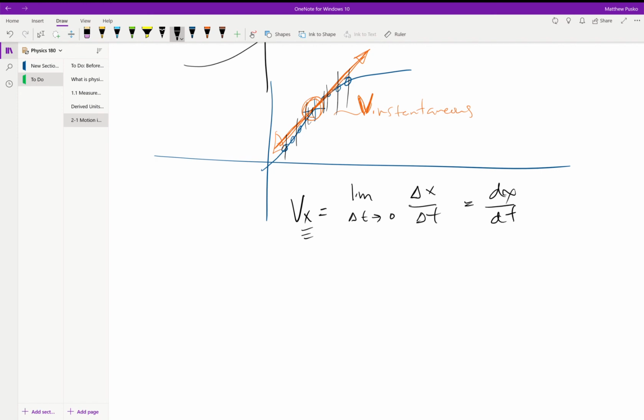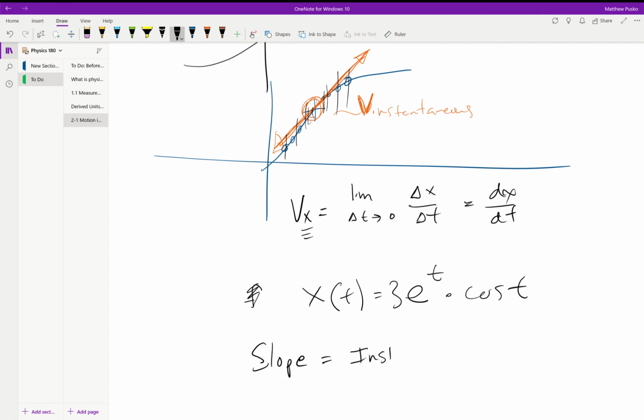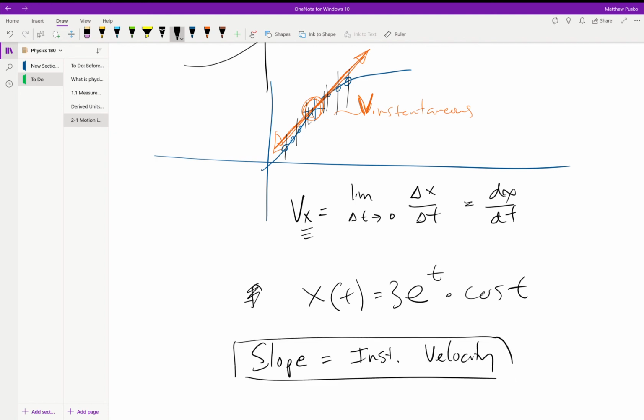So if you have x as a function of time and you have some equation, it could be 3e to the t times cosine of t. Who knows? It could be anything, a polynomial. We could take the derivative and find the slope or the instantaneous velocity at any time. So don't forget, the slope is equal to the instantaneous velocity. Alright, in the next video we will take this one step further.